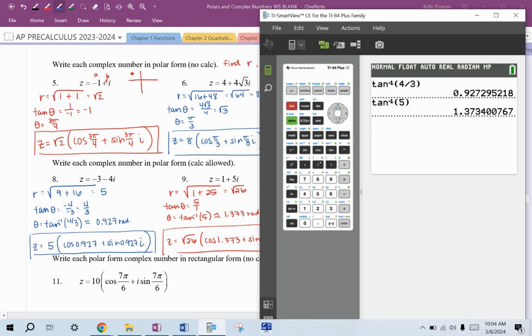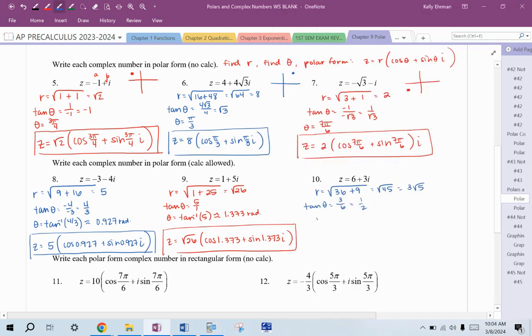So the inverse tangent of 1/2 is about 0.464 radians. And so z is equal to 3 radical 5 times the cosine of 0.464 plus the sine of 0.464 times i.